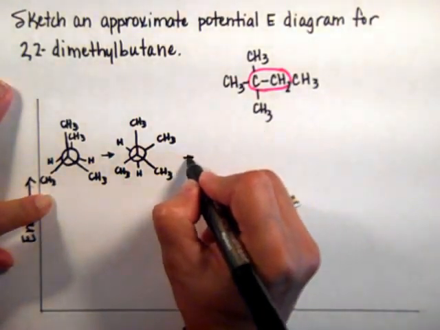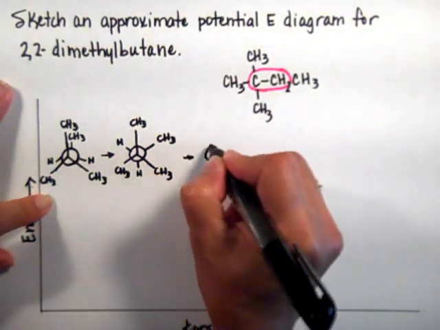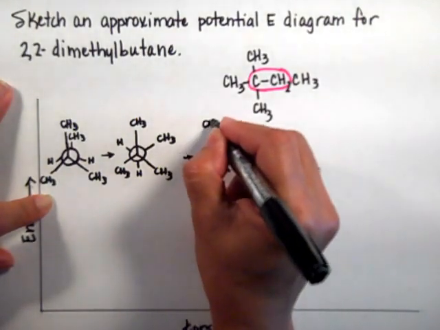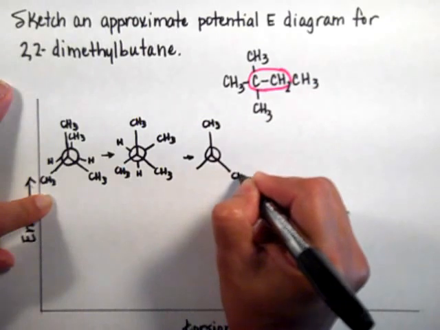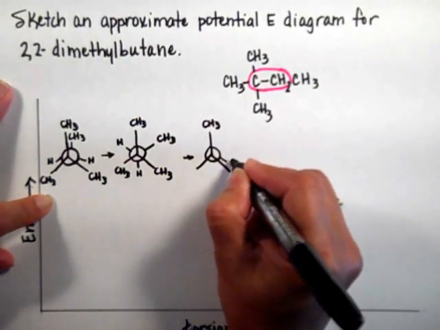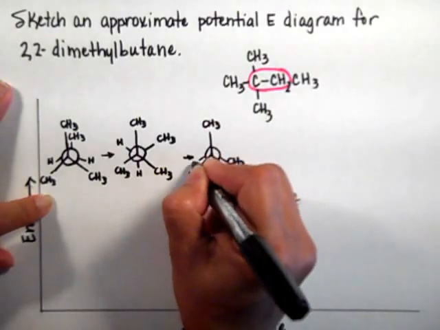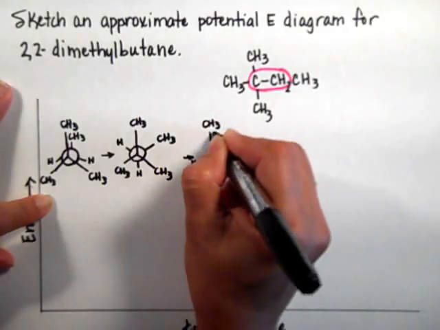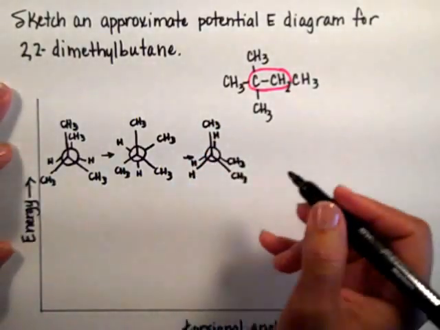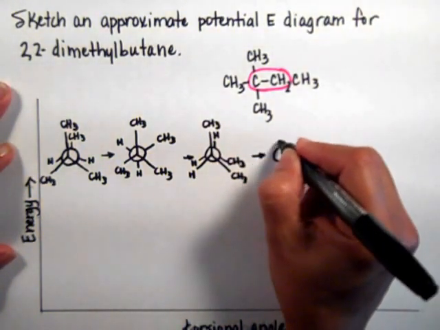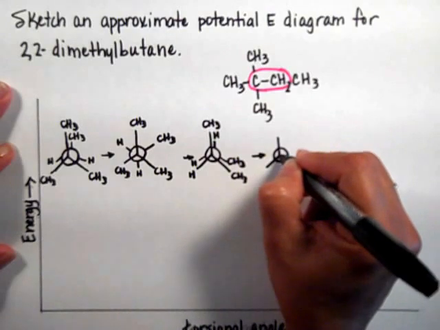Rotate 60 degrees more, and I go to a second eclipsed conformation in which the methyl in the back is now at the bottom right here. Rotate 60 degrees more and I go to which conformation? Another staggered conformation.